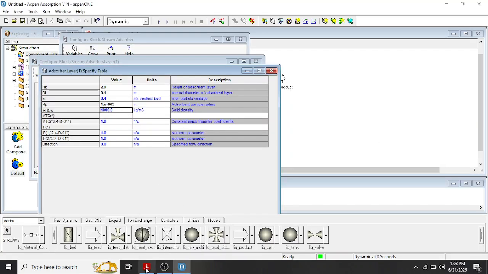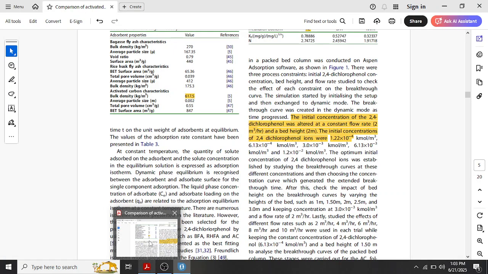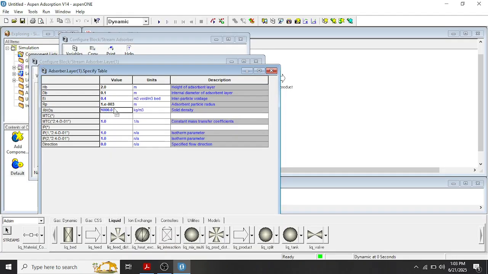So when we divide 617.5 by 1 minus 0.4, 1 minus 0.4 is equal to 0.6. So 617.5 divided by 0.6 will be equal to 1029.166.